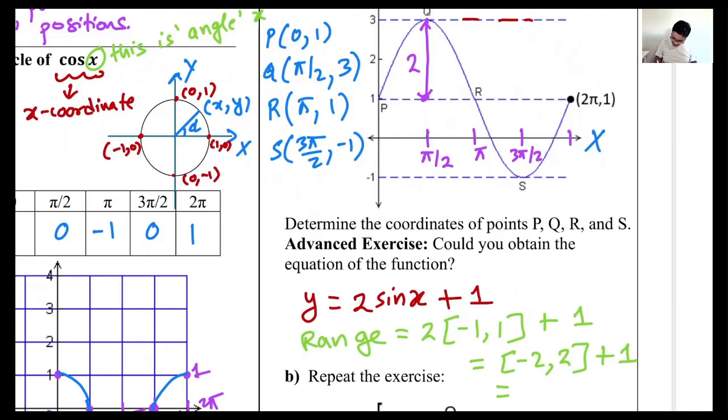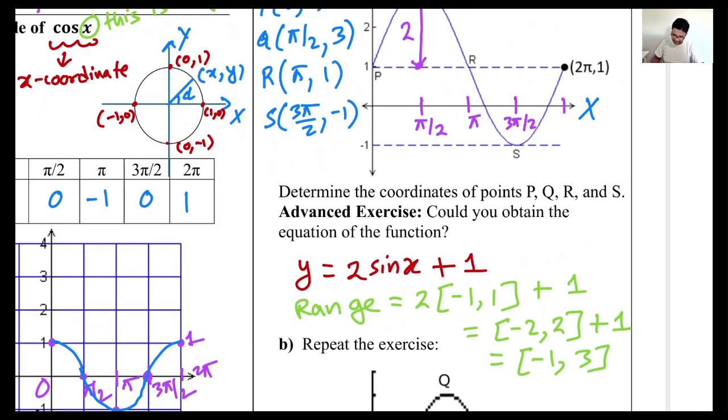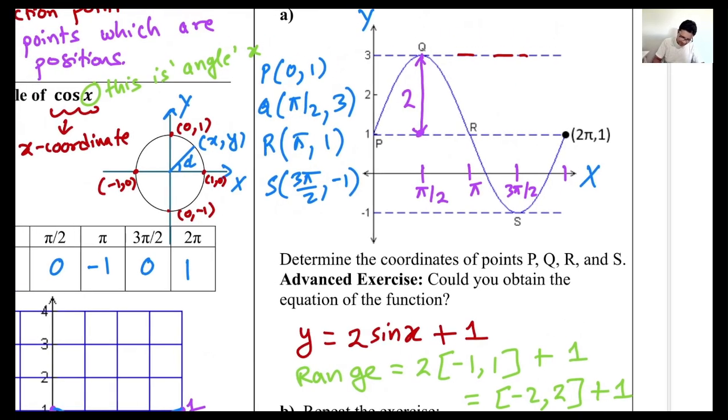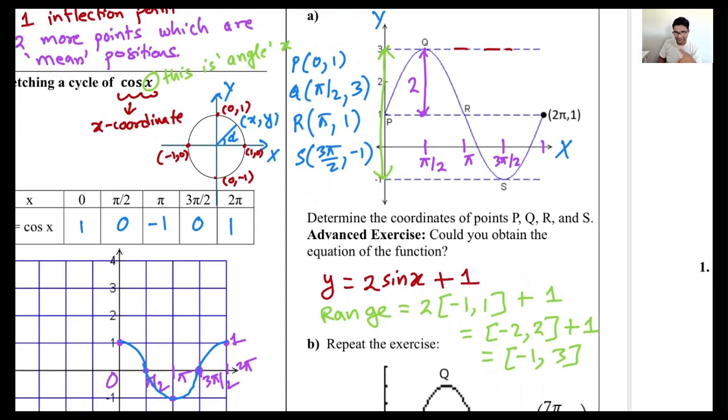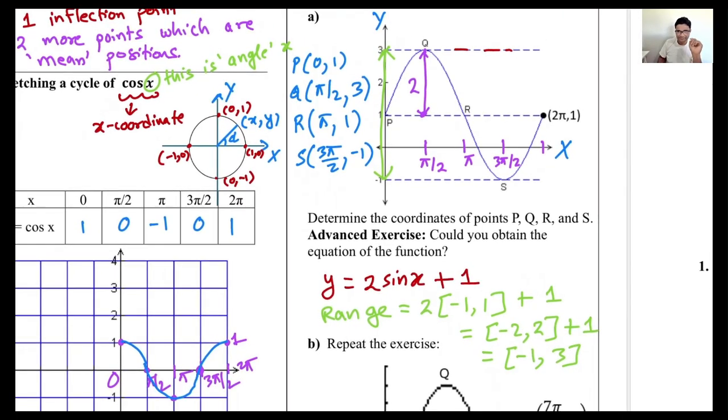So it will take you from -1 to 3. Both lower value and upper value will go up by 1 unit. And if you check here, that's exactly what is happening in terms of range on the y-axis. It's from -1 to 3. So that equation makes sense for that graph.